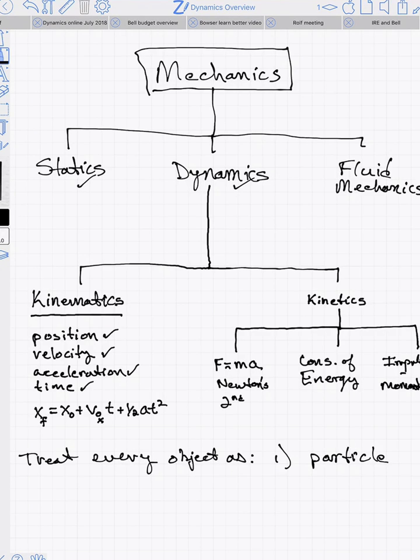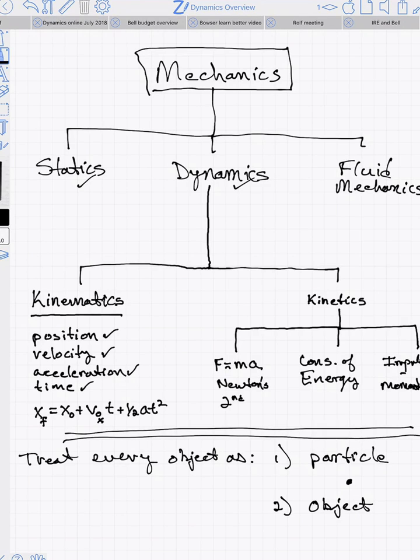In other words, if we were talking about a car, we would take that whole car, compress it into one point, one particle, acting at the centroid of that car, and we would apply all of these principles to that particle.